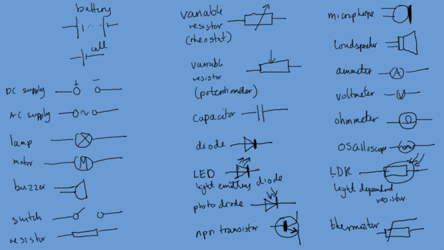So let's do a little mathsy type problem. We want to calculate the resistance of the lamp if the ammeter reads 1.5 amps.